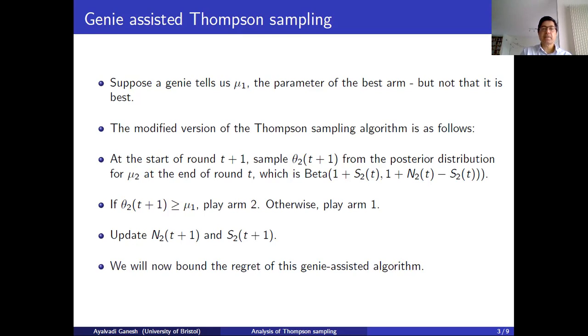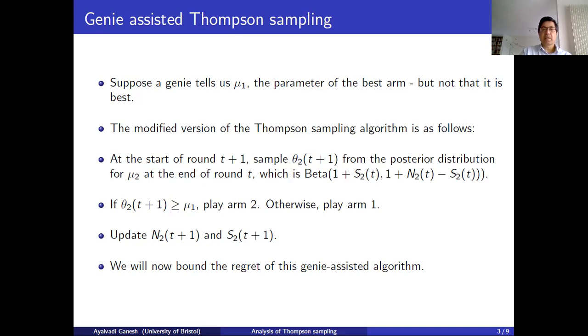I've just presented it as something that we intuitively believe does better. Okay, so we can't even claim that what we get is a lower bound on the regret. Nevertheless, intuitively, it seems like it should be a lower bound on the regret of Thompson sampling, and that we should do at least as well with the help of a genie.